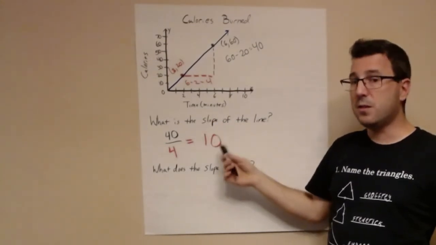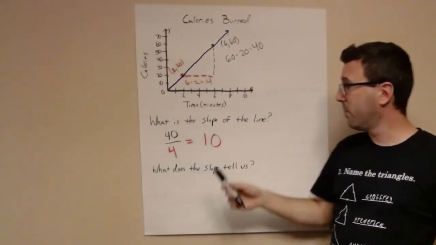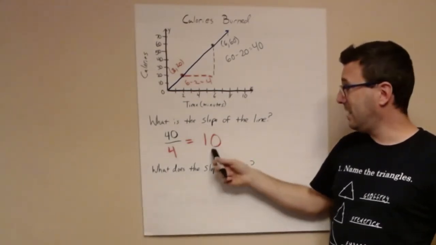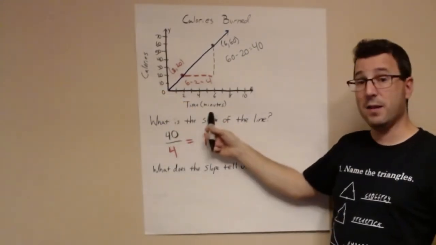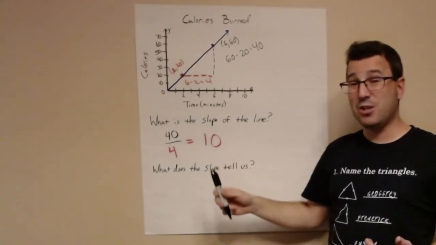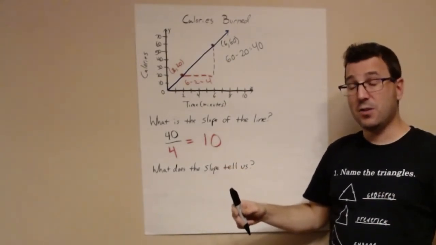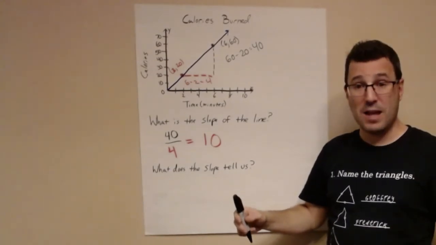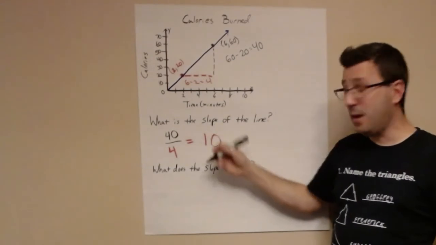So really what this is telling us is that whoever this is who's exercising, they're burning 10 calories per minute. Because remember, the slope is actually our unit rate. It's our rate of change. It's our constant of proportionality. It's basically 10 calories every minute.